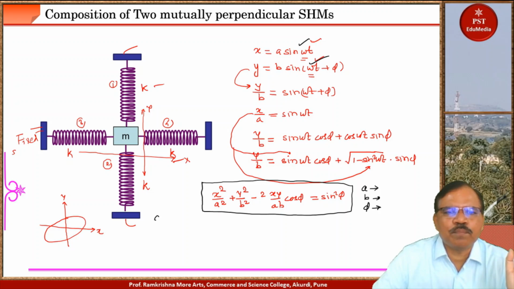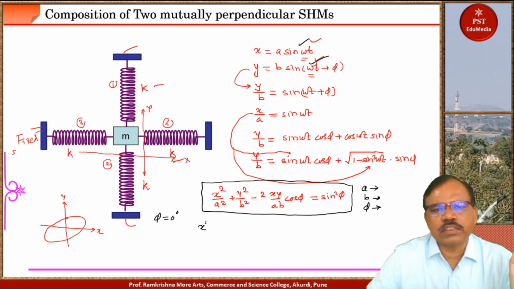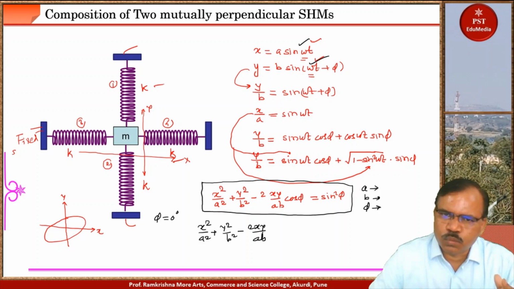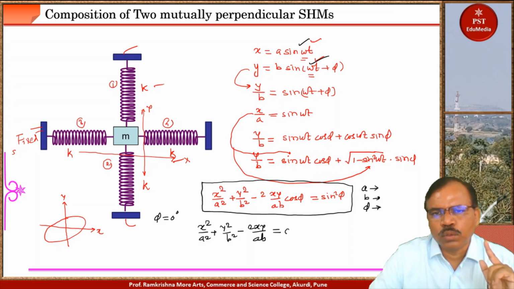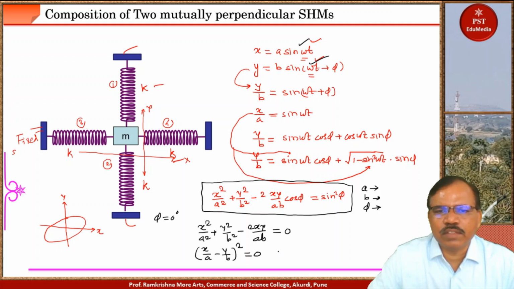So, suppose we have phi is equal to 0 degree. So, we'll get here what? x square upon a square plus y square upon b square minus 2xy upon ab. Now, cos 0 is 1. Sine 0 is 0, so you will get 0. So you can write this as (x by a minus y by b) whole square is equal to 0. So x by a minus y by b is equal to 0.